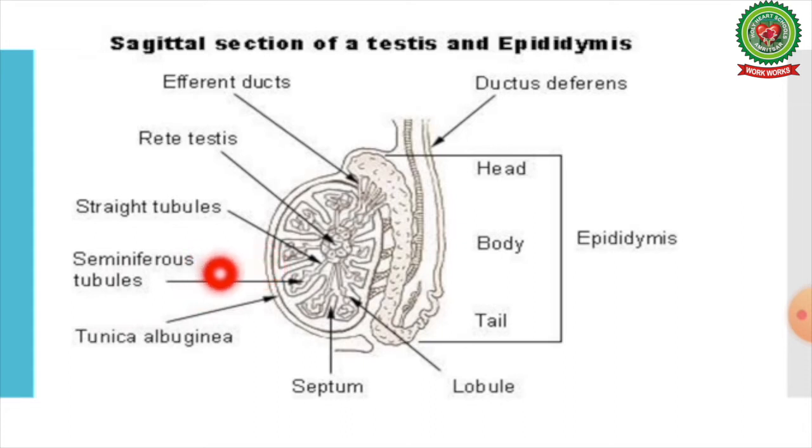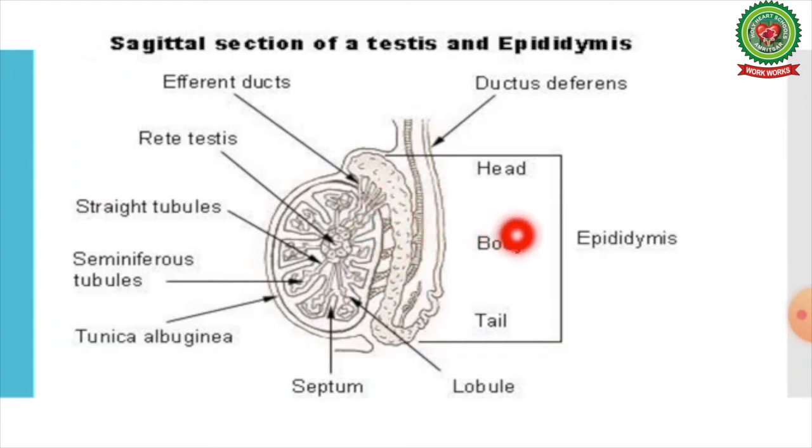When the sperms are produced in the seminiferous tubules, sperm cells travel toward epididymis through the rete testes. Then efferent ducts. Efferent ducts are the series of tubes that joins the rete testes to the epididymis.